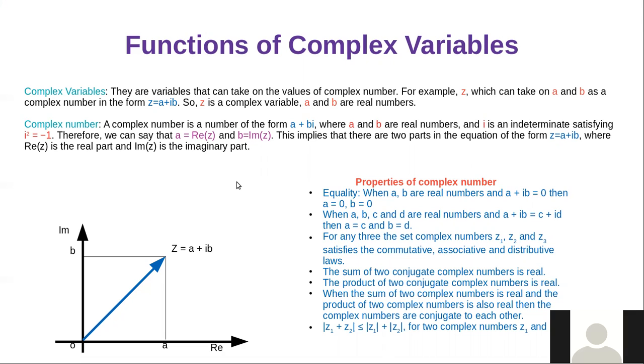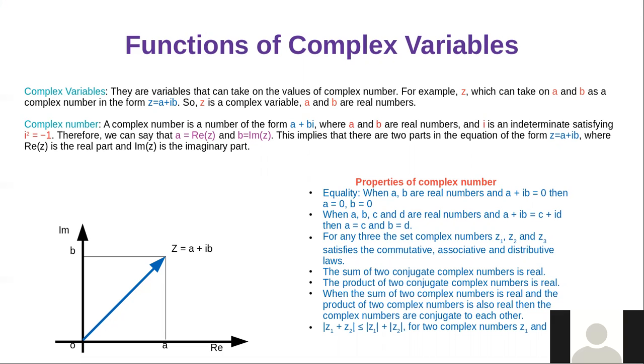So also, what is a complex number? A complex number is a number that can be expressed in the form a plus bi. Like I said earlier on, a and b in this expression are real numbers, while i is an imaginary unit satisfying i squared equals -1.